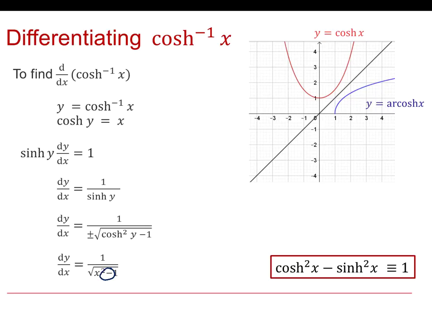Note again that the gradient of that blue curve y equals arcosh x is again always positive. And that is why we have only taken the positive square root of the two options that the algebra might indicate.